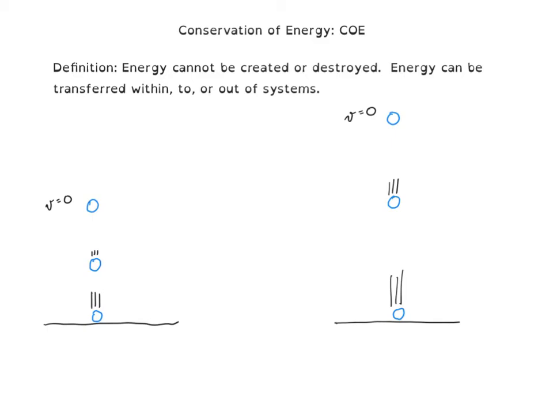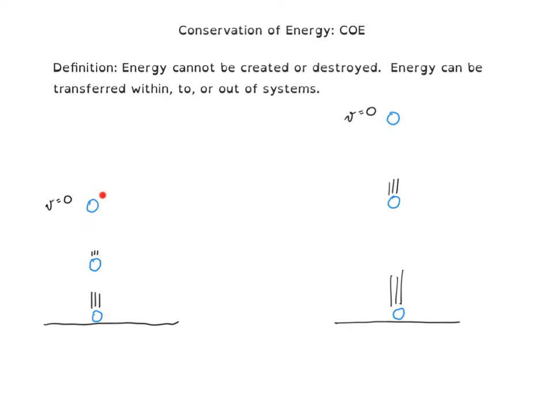I have a ball that is at rest, so the velocity is 0. That ball is dropped. And we're looking at that ball being dropped and looking at it right before it hits the ground. So what we have here, we have 3 different snapshots. We have right before it's dropped, halfway to the ground, and right before it hits the ground.